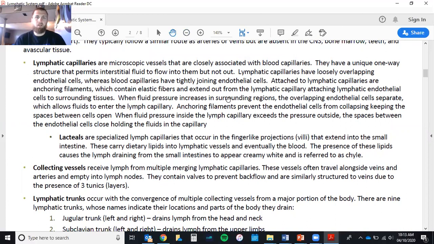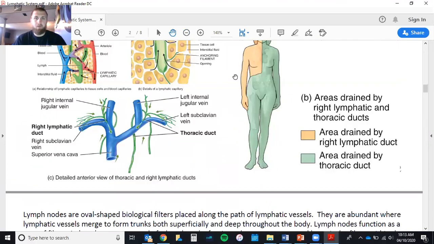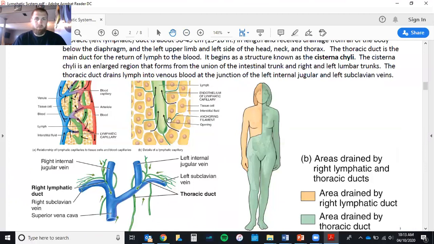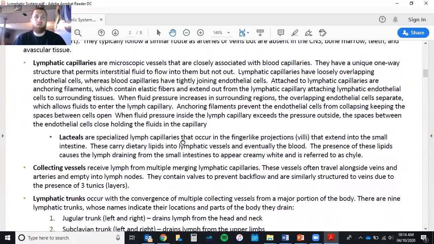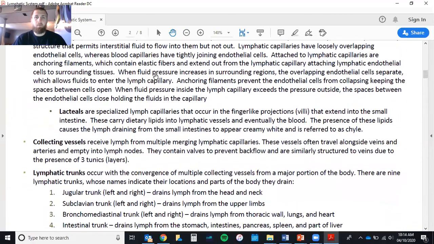When fluid pressure increases in the surrounding regions, those overlapping endothelial cells separate, which allows the fluid to enter the lymphatic capillary. So what happens? Pressure builds up here. Basically, it's like pulling a string. The cells pull apart, fluid comes in. The anchoring filaments prevent the endothelial cells from collapsing, keeping the spaces between the cells open.